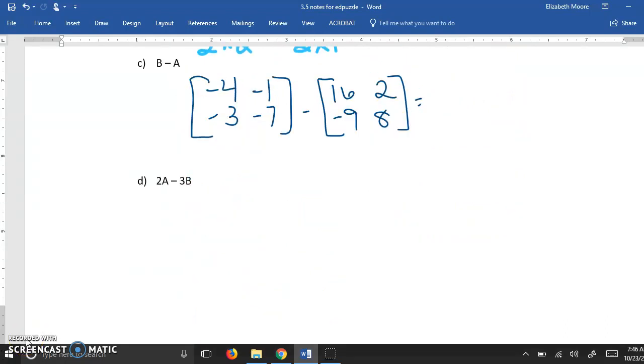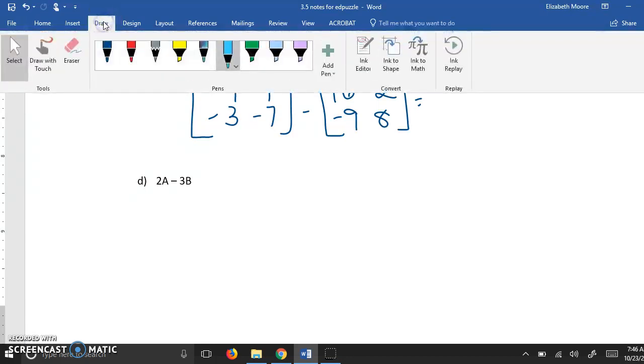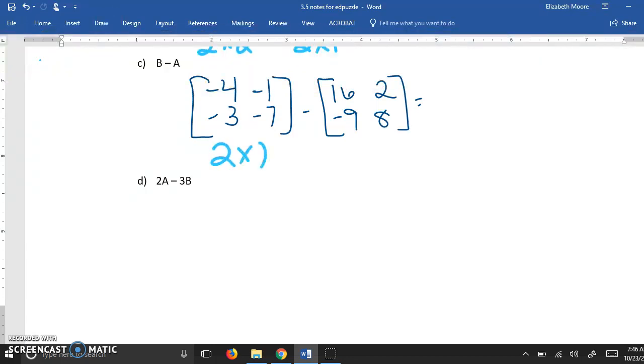Looking at example C, we can see that we're doing matrix B minus matrix A. So again, first thing we're going to do is take note of what the size of these matrices are. So we have a 2 by 2 matrix and a 2 by 2 matrix. Since we are subtracting, they have to be the same size, which they are. So I know that I am able to subtract these matrices.